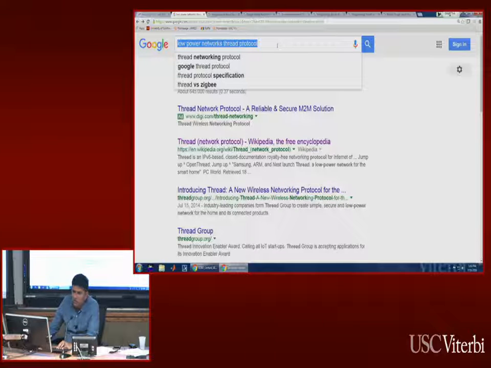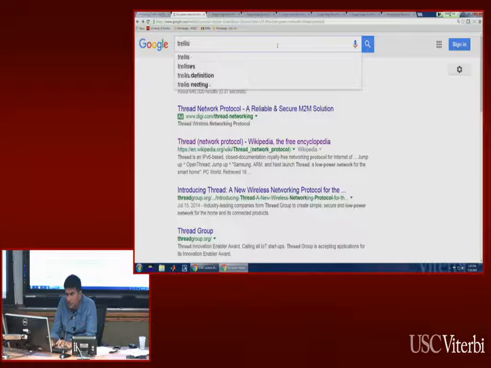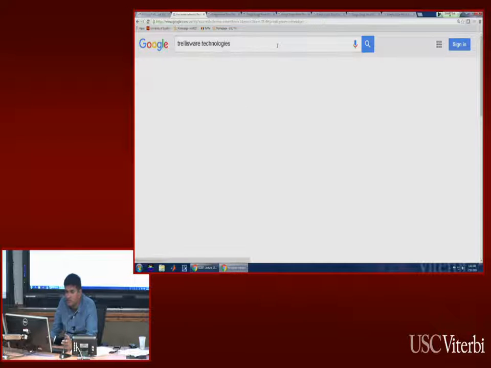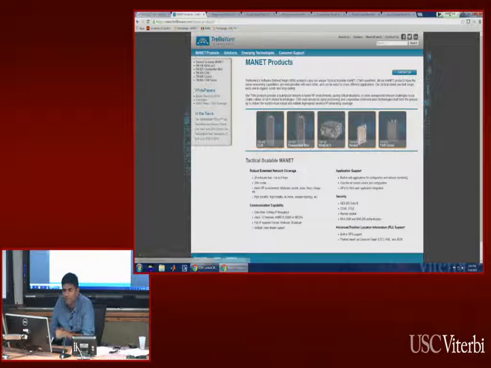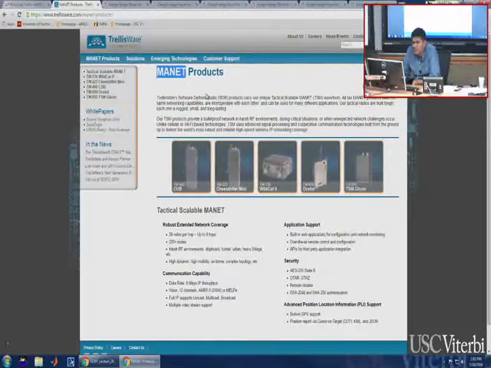Then when we talk about multi-hop networks that are mobile, where all of the nodes might be moving around, a particular example of such a network that's been commercially developed and made available is from a company called Trellisware. Mobile ad hoc networks are sometimes called MANET, depending on how you want to pronounce this.